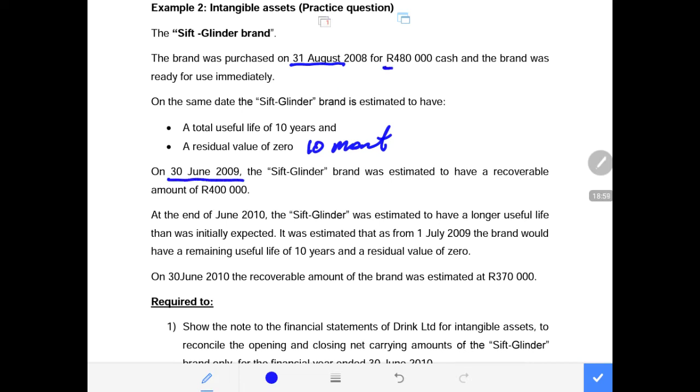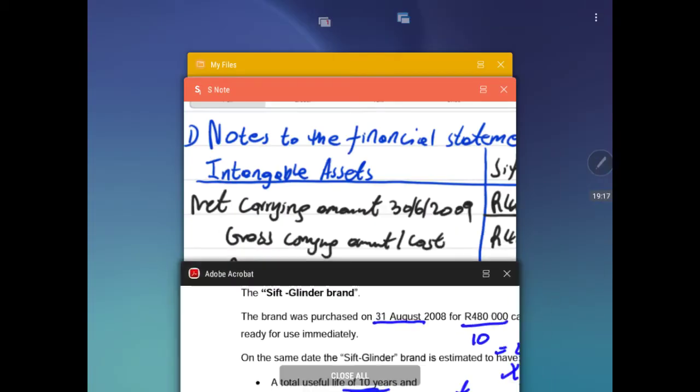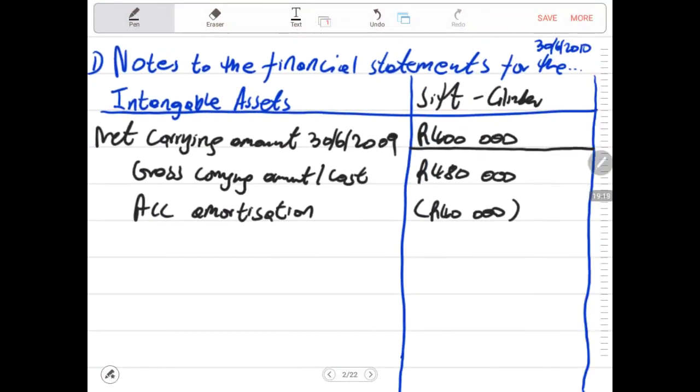And we divide by 10, being the useful life. It will give us 48,000 rands for the full year. Amortization for the year multiplied by 10 over 12 gave us amortization, meaning depreciation, of 40,000 rands. So this is where this 40,000 rands is coming from.